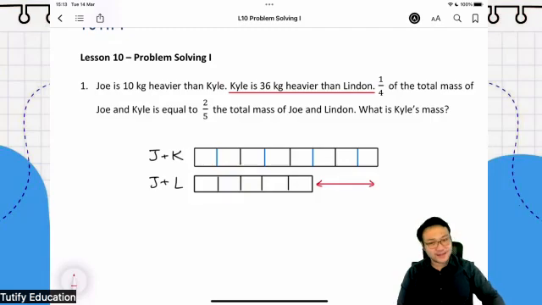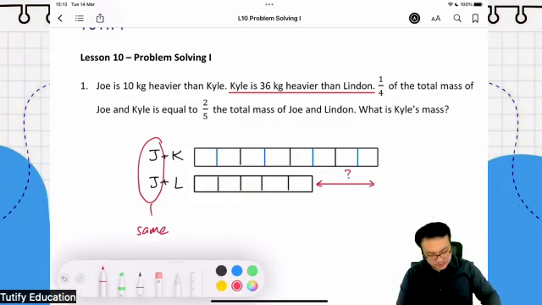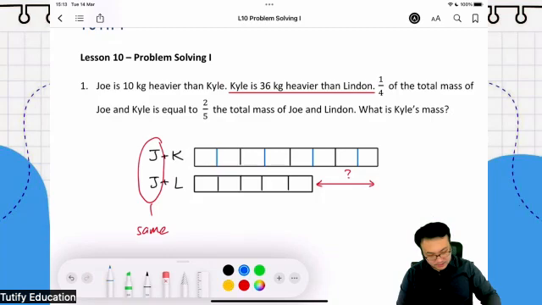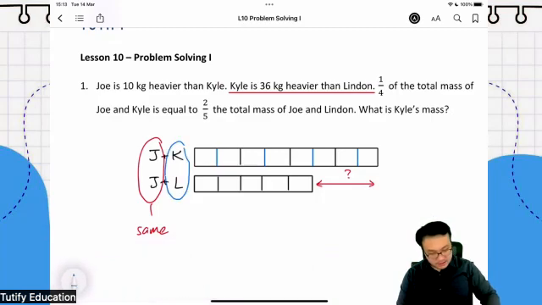How do you know? Why? Because Joe stays the same, so it's the Carl and Lyndon difference. Correct. Joe stays the same. So who causes the difference? Carl and Lyndon is causing the difference. Very good. Okay, so let me write down 36.